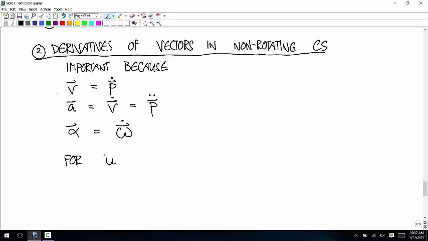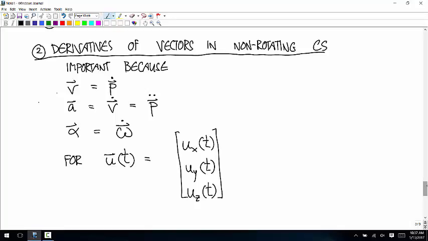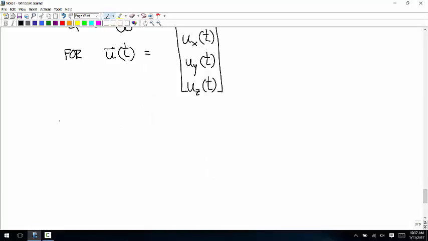If you have a vector u that's a function of time, and I'll write that as an x component, a y component, a z component, then the time derivative of u is just the time derivatives of each of those components.